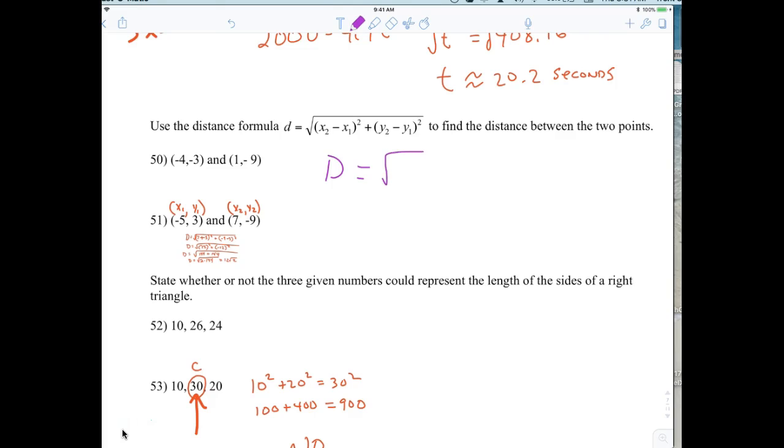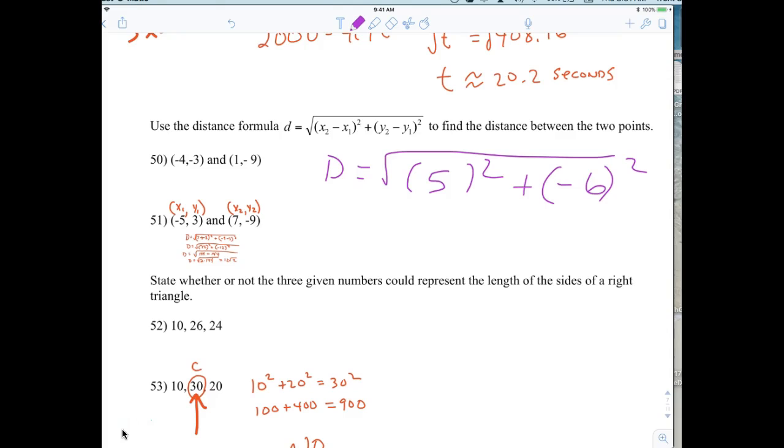Distance is equal to the square root. When I subtract the x's, what do I get? 5. Anybody else get 5 besides me? When I subtract the y's, hopefully you got -6. Now be careful, please, because I'm going 1 minus -4, which is 1 plus 4.